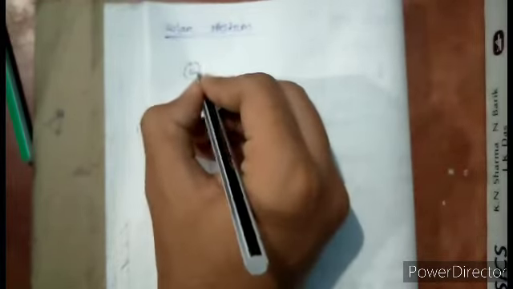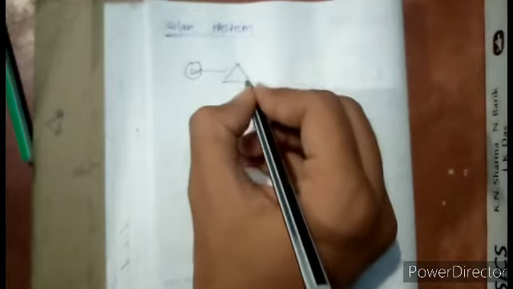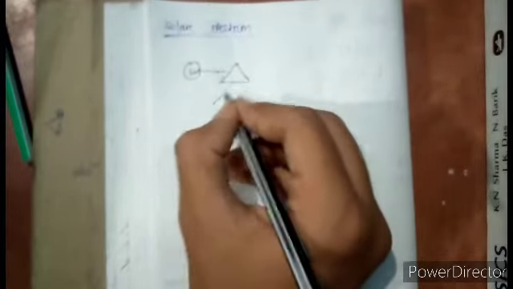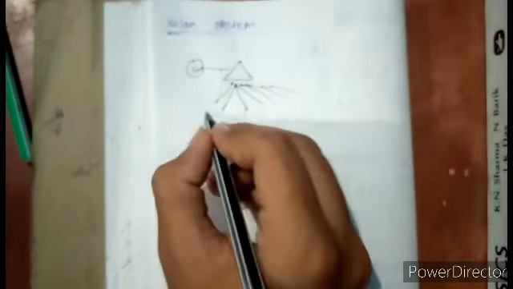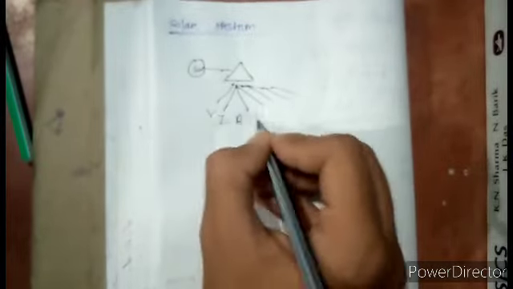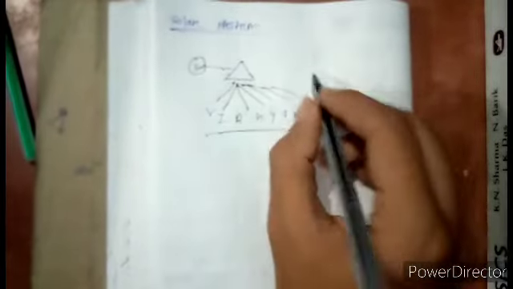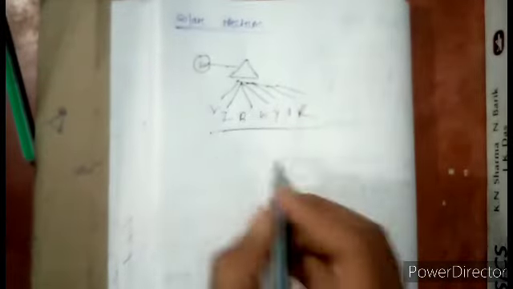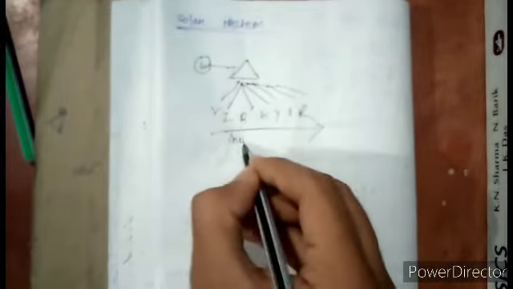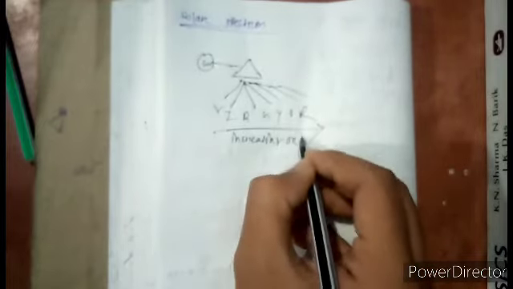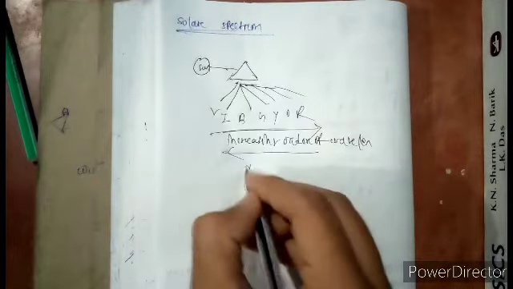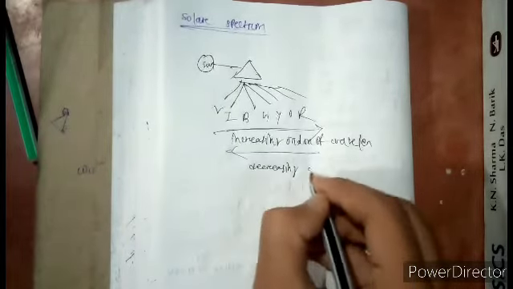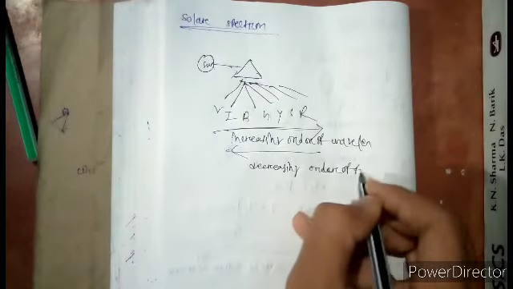When the white light from the sun falls on the prism, it gives 7 constituent colors: V, I, B, G, Y, O, R. From violet, indigo onwards, the order is of increasing wavelength but decreasing frequency.